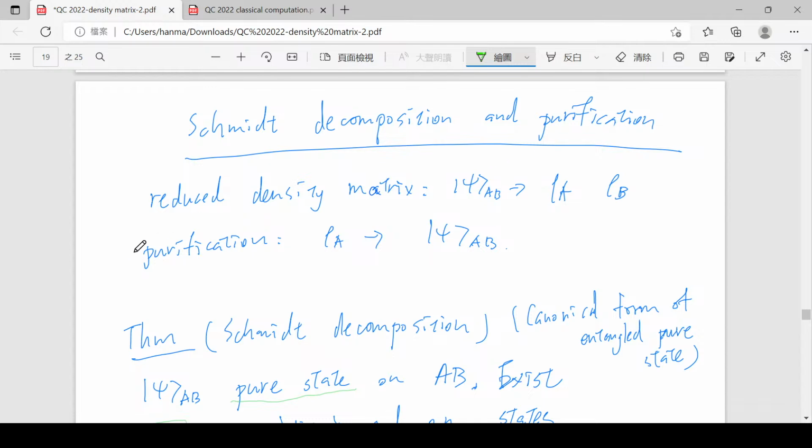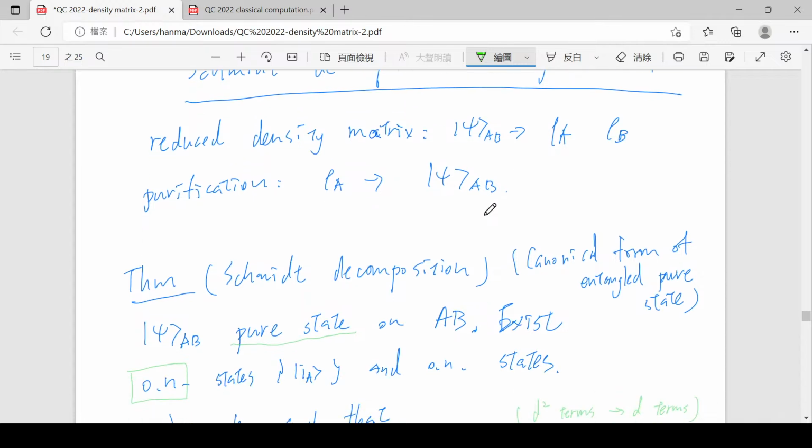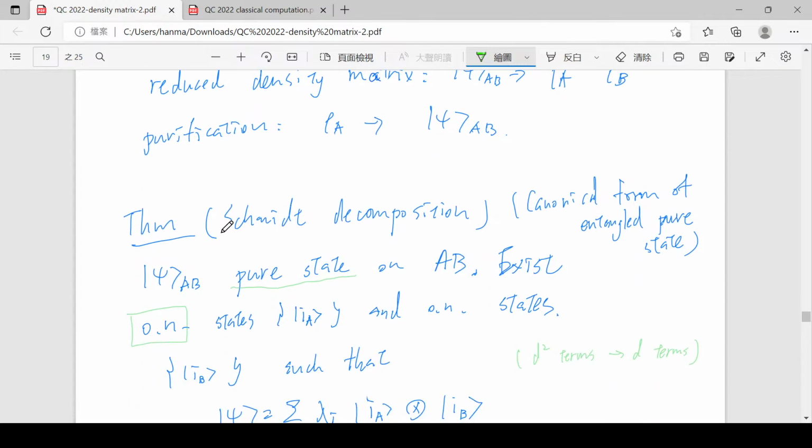And those are two operations that talk about how a pure state on system AB is related to the reduced density matrices rho A and rho B. They are good characterizations. So let's first talk about this Schmidt decomposition.